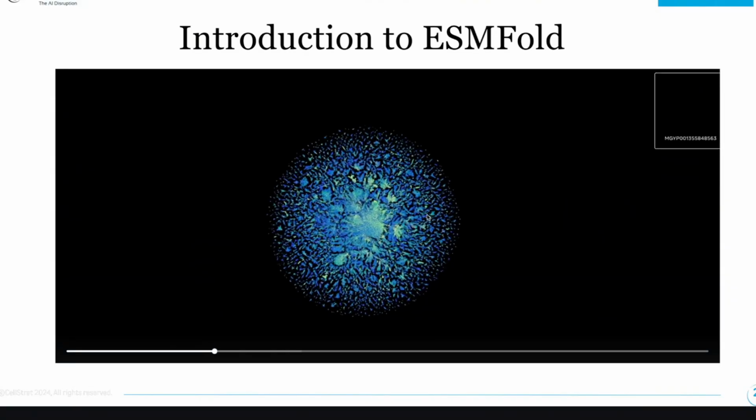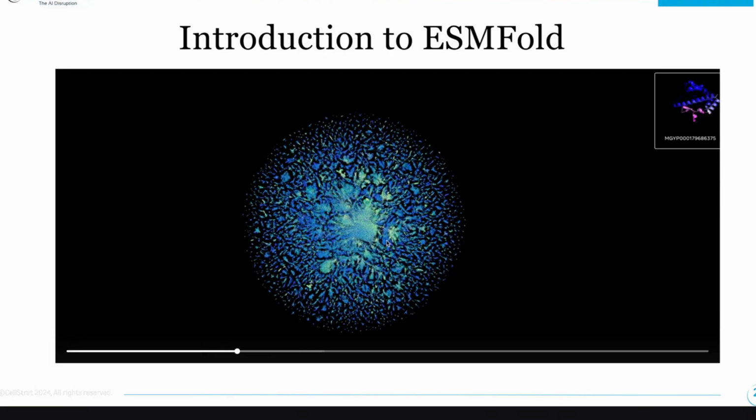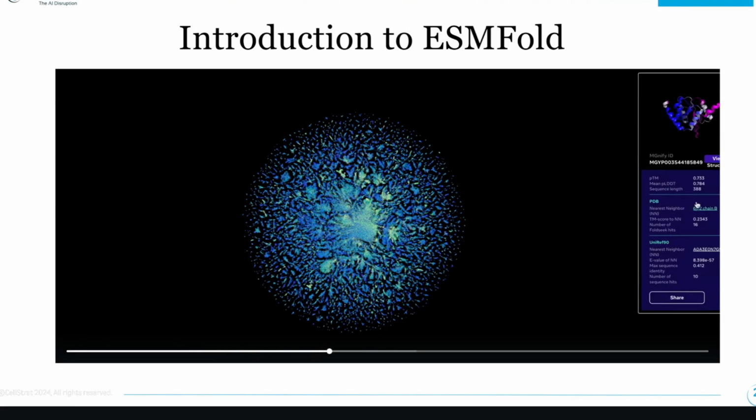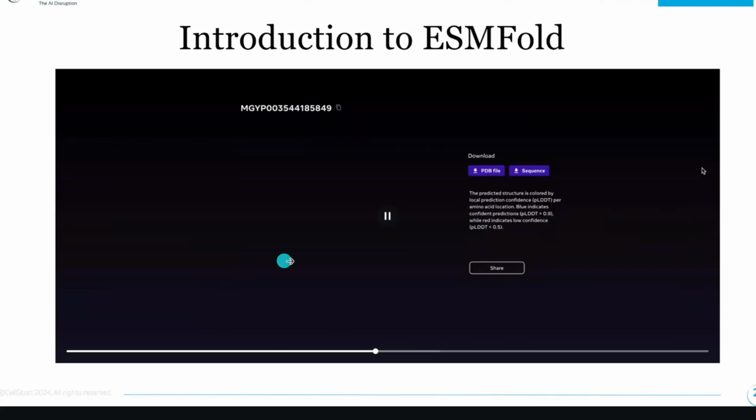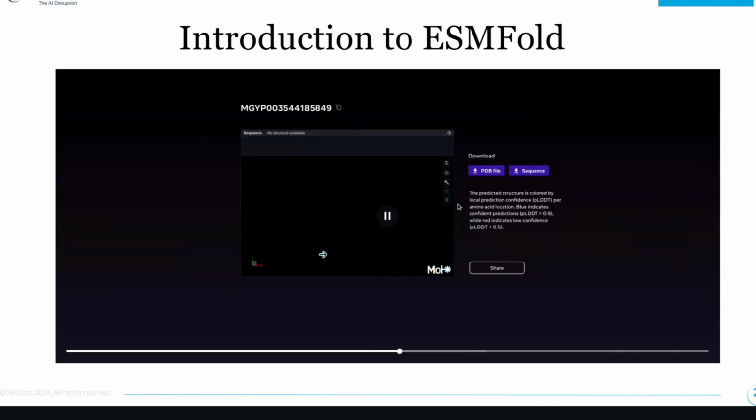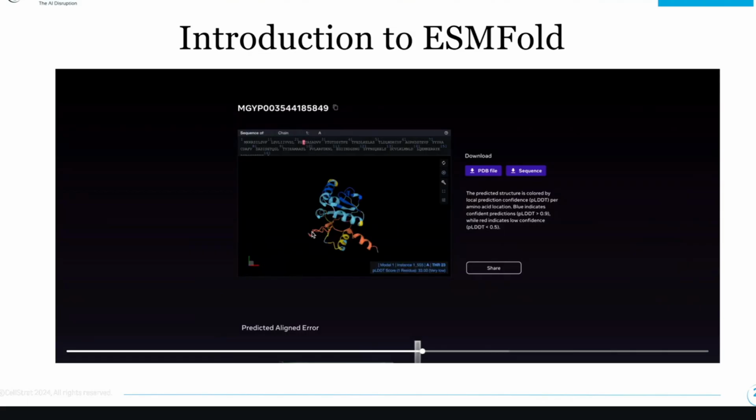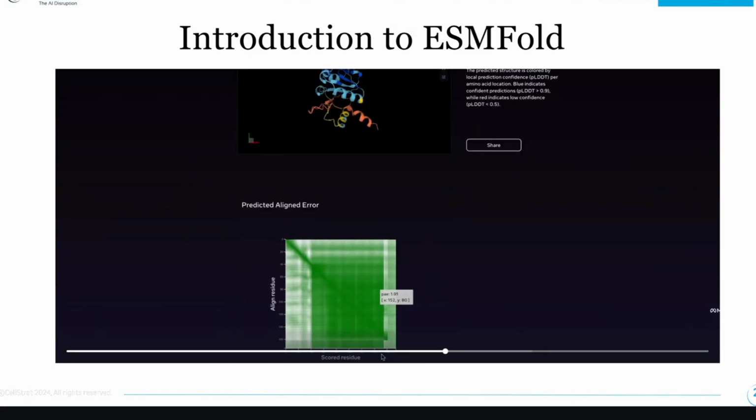So if you get a coordinate number from a repository like UniProt or KBprot, you can input that particular coordinate, and you will be able to see the protein structure. And once the protein structure is found, you can download it in the form of a PDB file or a sequence, and you can find the pLDDT score.